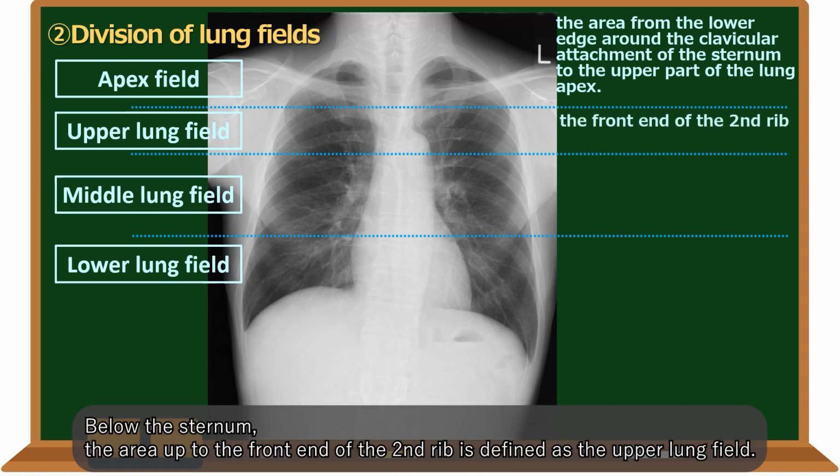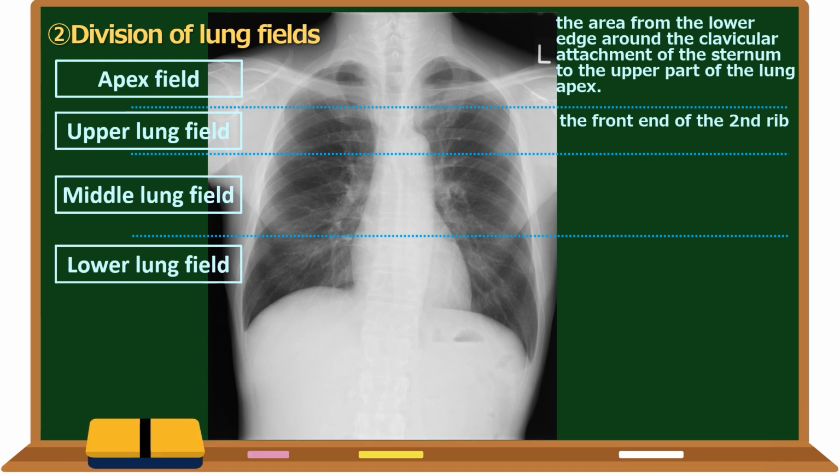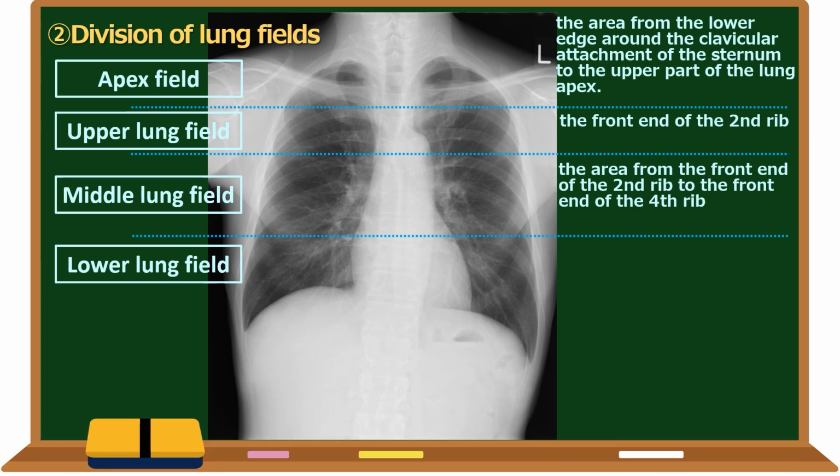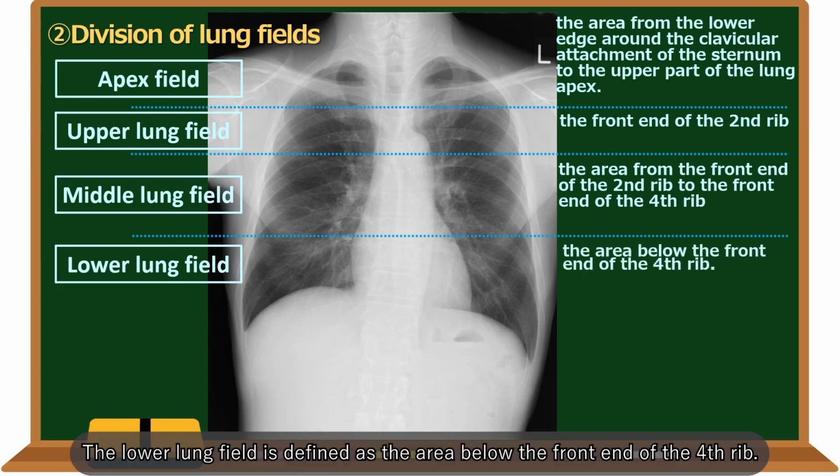Below the sternum, the area up to the front end of the second rib is defined as the upper lung field. The middle lung field is defined as the area from the front end of the second rib to the front end of the fourth rib. The lower lung field is defined as the area below the front end of the fourth rib.